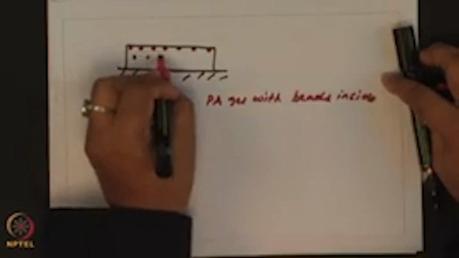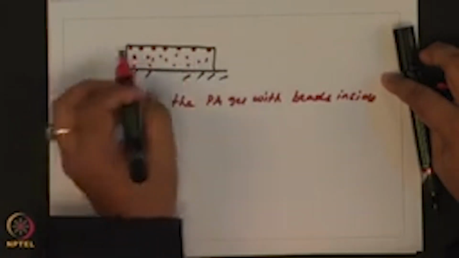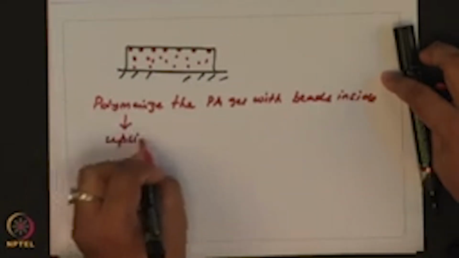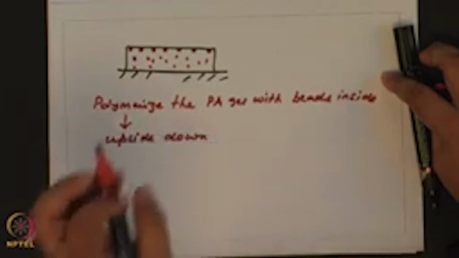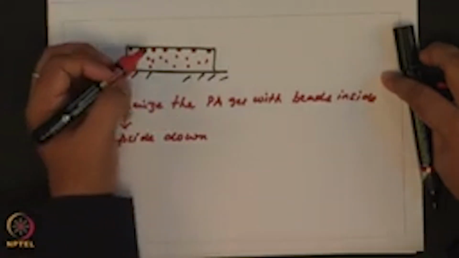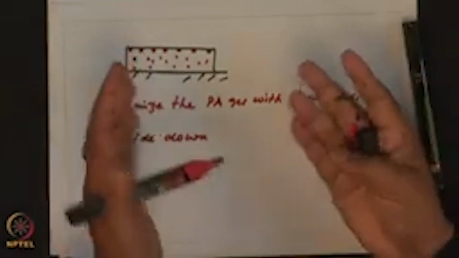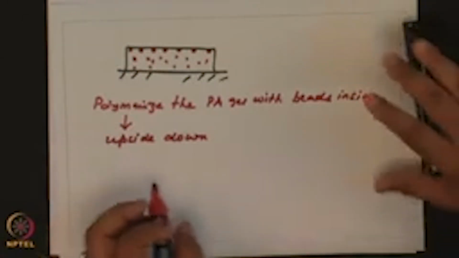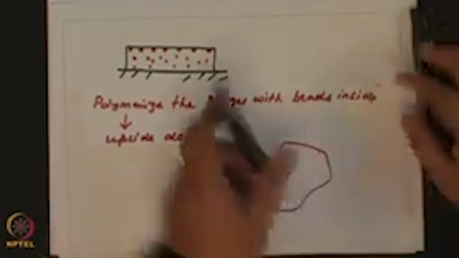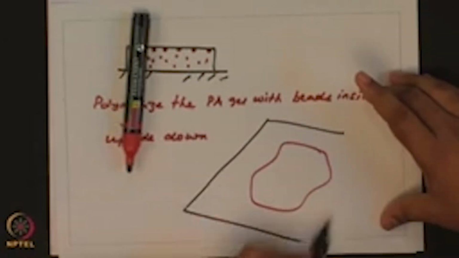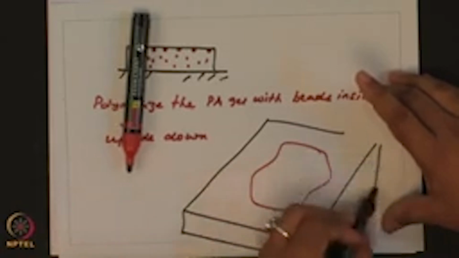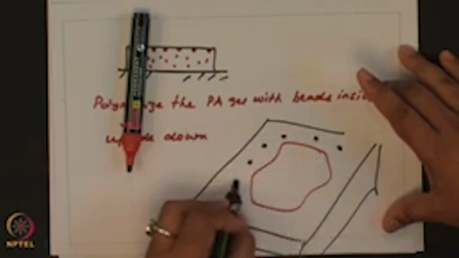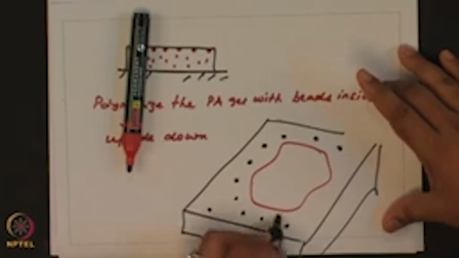There are of course a lot of beads in other planes as well, but you are more focused, and you polymerize this gel upside down. Okay. If you polymerize the gel upside down, then because of gravity, all these beads will remain at the top surface of the gel. So, if I were to draw the cell in 2D, and this is your substrate, you have these beads sitting in and around the cell on the top surface.